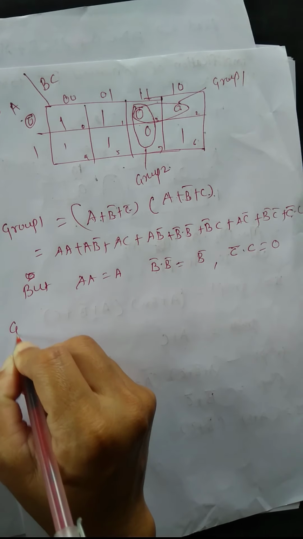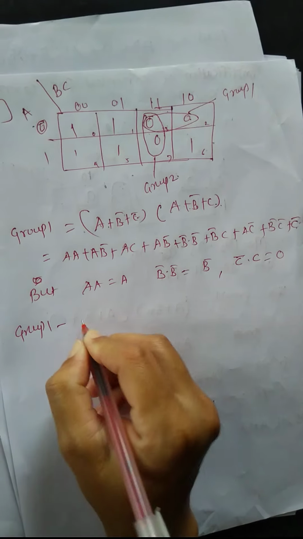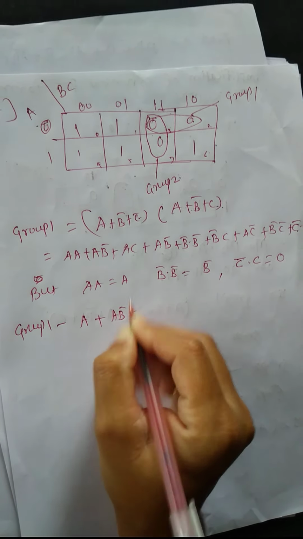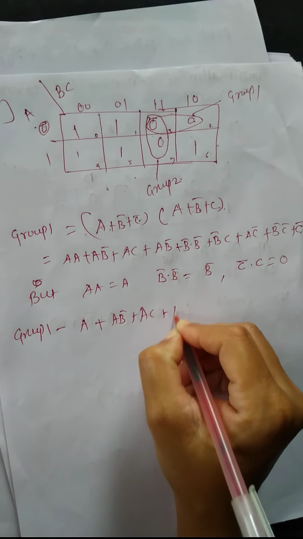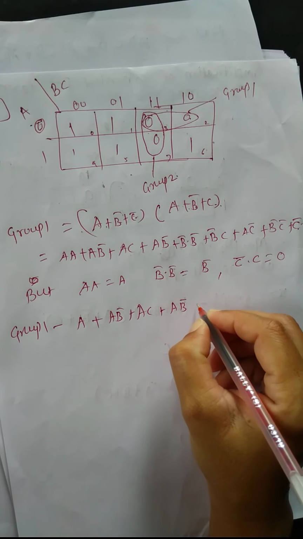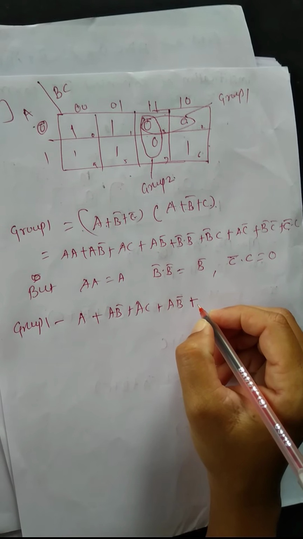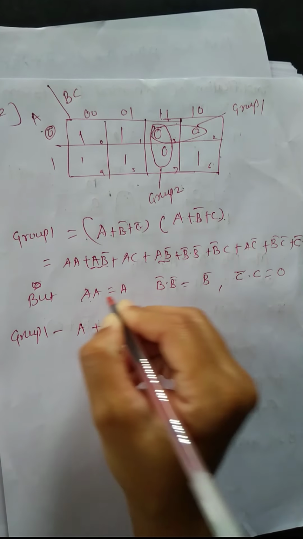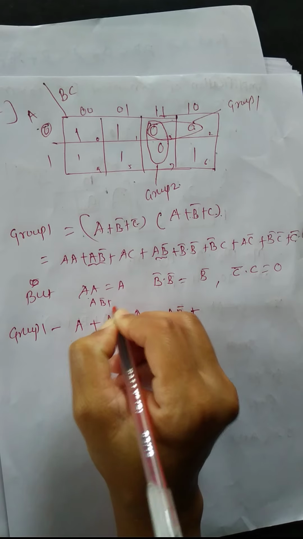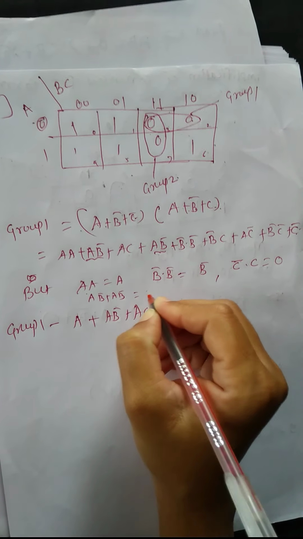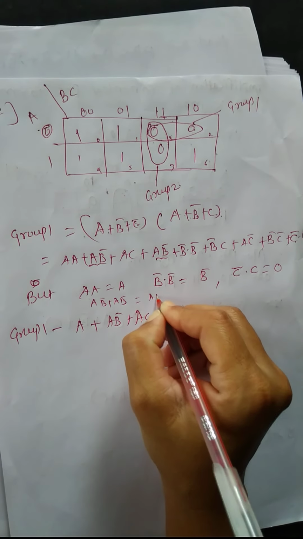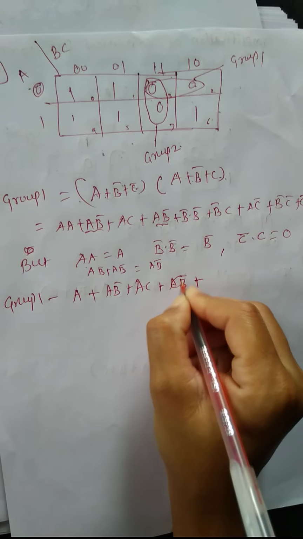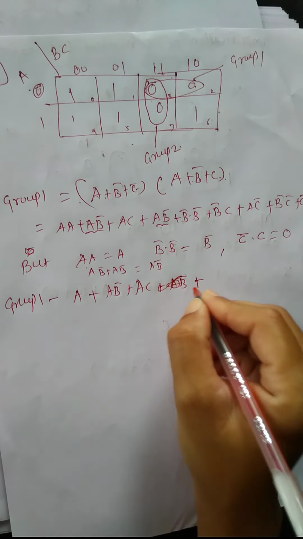So the group 1 equation: a into a is a, then a b bar, then a c. The a b bar terms are the same, so a b bar plus a b bar is a b bar by the law a plus a equals a. So there is only one term here, a b bar.